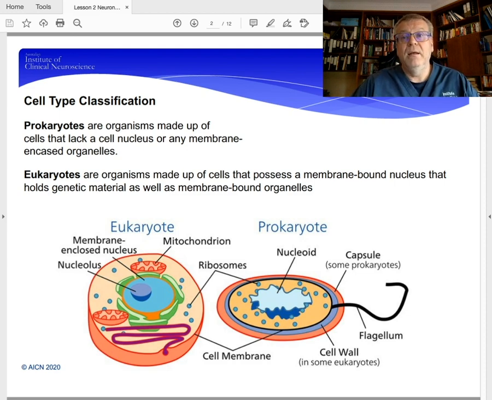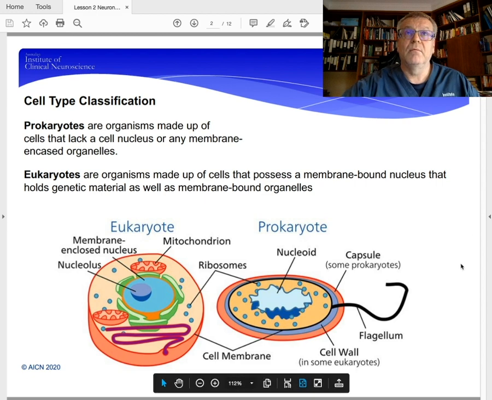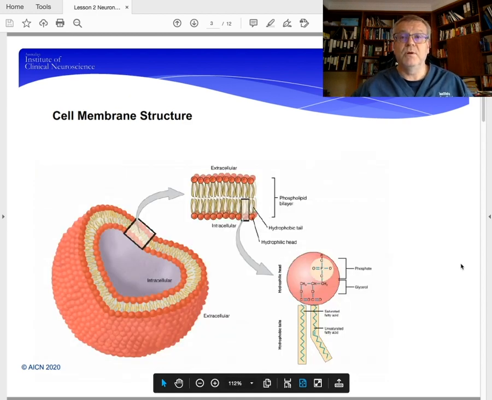And inside the nucleus, there is also a nucleolus, which has highly defined nucleic or nuclear compounds inside. We're going to also talk about the cell membrane structure.